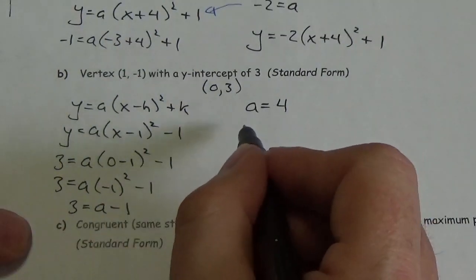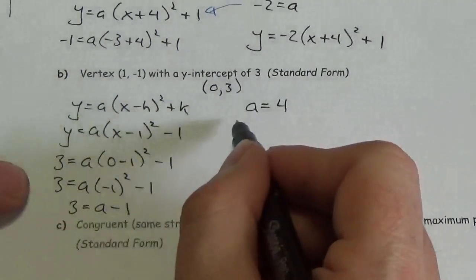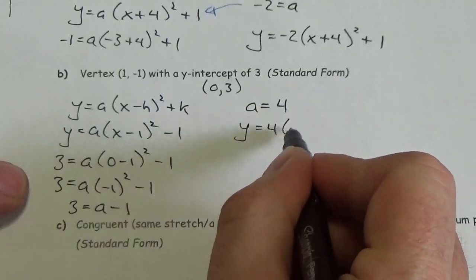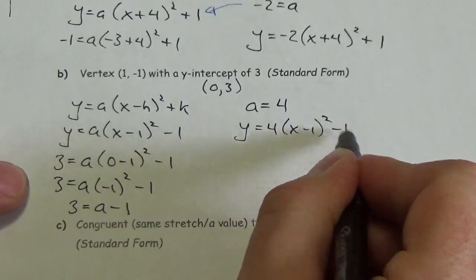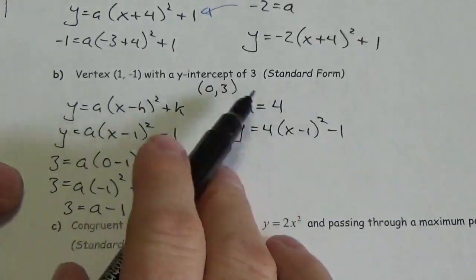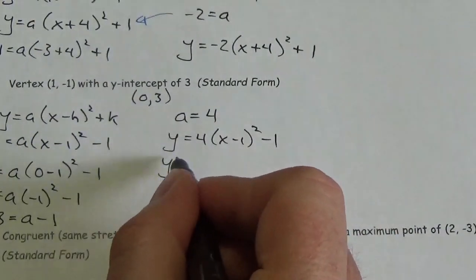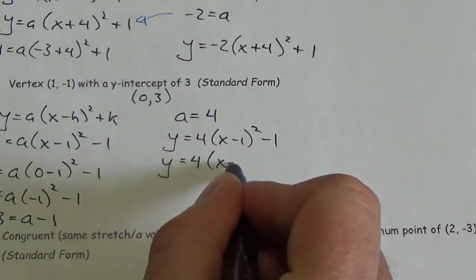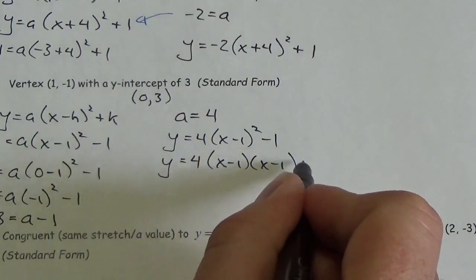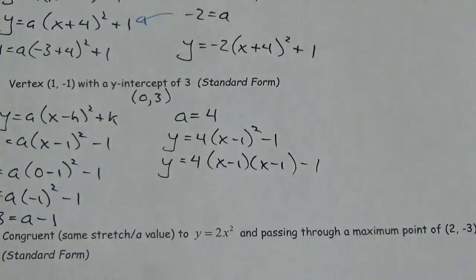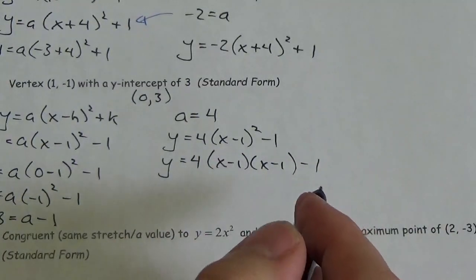Now, that means that my equation is going to be y equals 4(x minus 1) squared minus 1. Now that's in vertex form, it's not in standard form, so I need to expand that out. Remember that you should probably write that out as (x minus 1) times (x minus 1), subtract 1 at the end here.